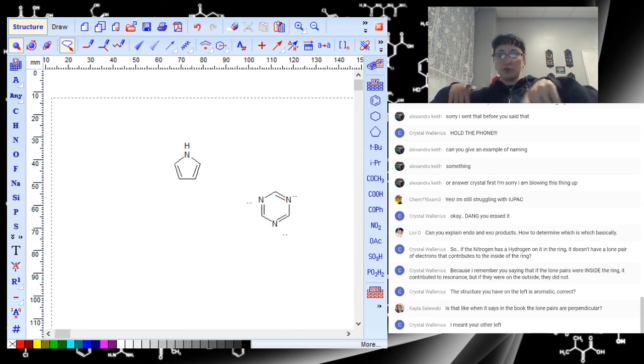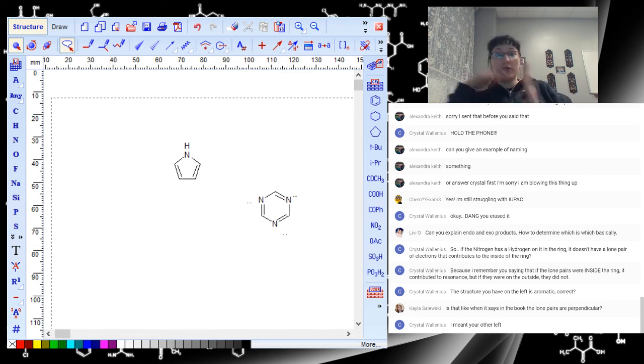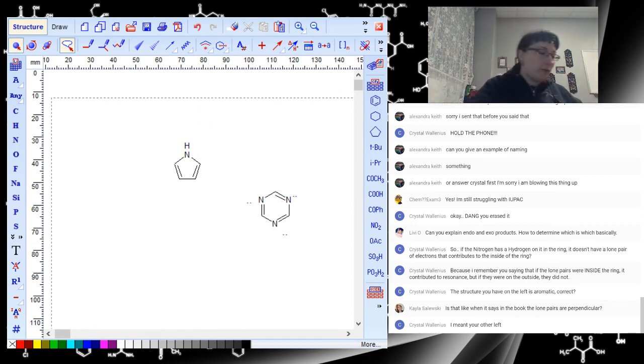Both of those rings are aromatic, Crystal. I don't usually use the term perpendicular or orthogonal. I usually say above the plane or with the plane of the molecule, but it's basically the same thing. Maybe my left is different than your left on this, I don't know. But yes, both of those molecules are aromatic, Crystal, because they fit all the criteria.